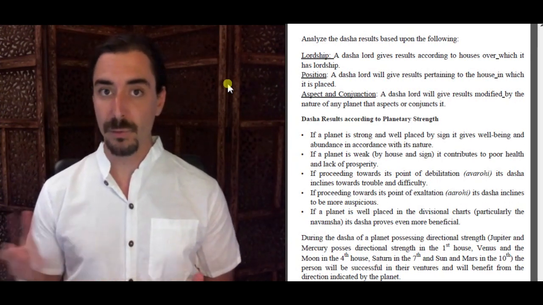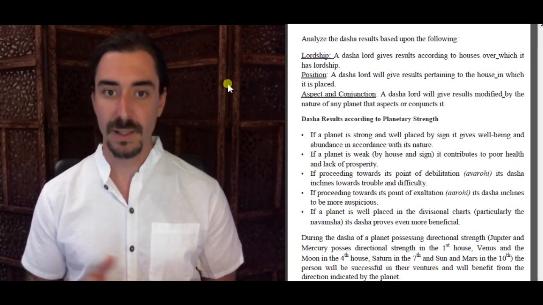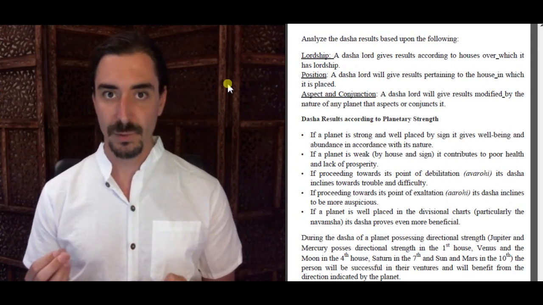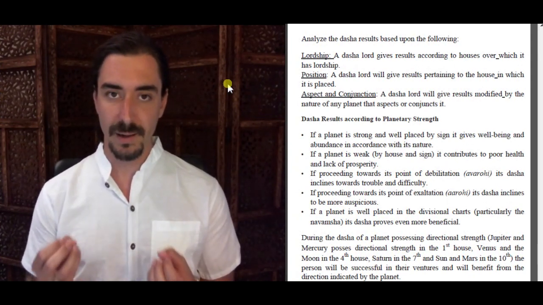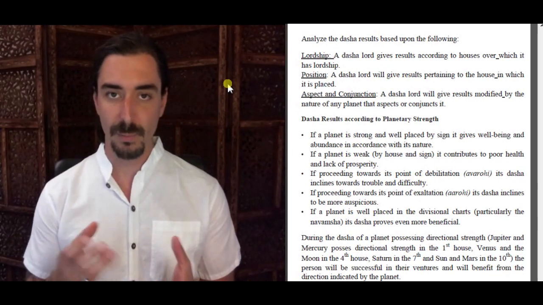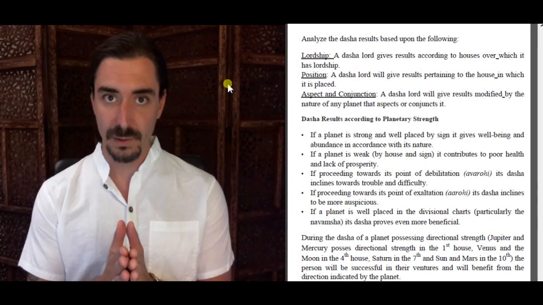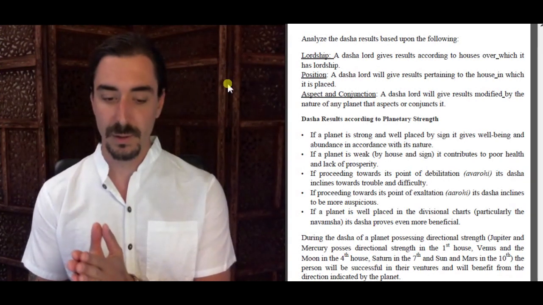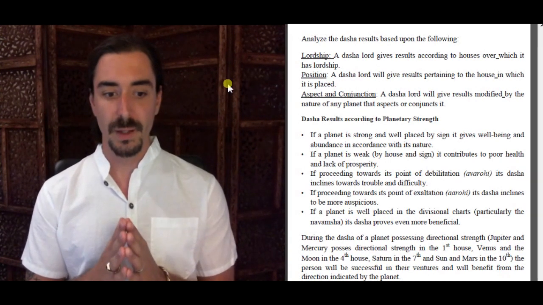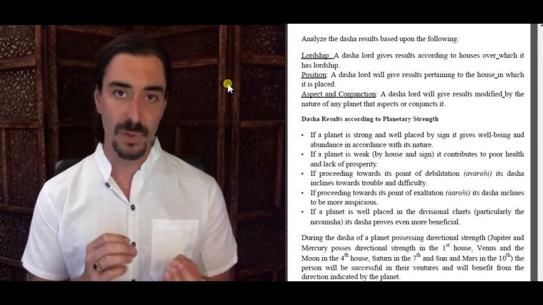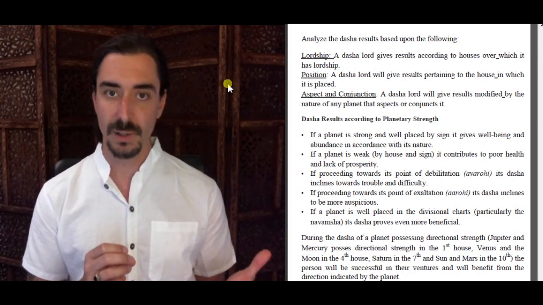Because as you'll see when we get further into this video, I actually have a chart example here, that Mars is in a different position relative to all of the other planets in your chart compared to another person's chart. That Mars may be in different positions throughout the Vargas or the divisional charts.